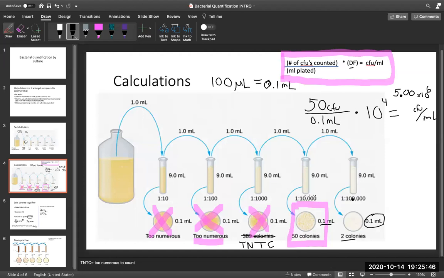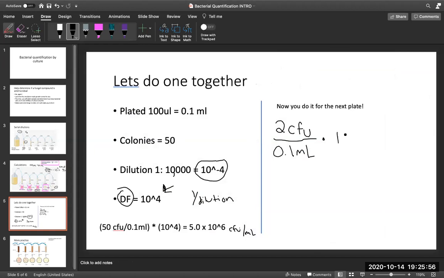And then we need to know the dilution factor. And the dilution factor here is 1 to 100,000. So that's 1, 2, 3, 4, 5 zeros. So we're going to come back and say 10 to the 5th power. And that's going to give us our CFUs per mil. So 2 becomes 20.